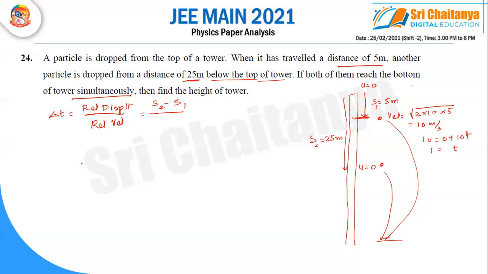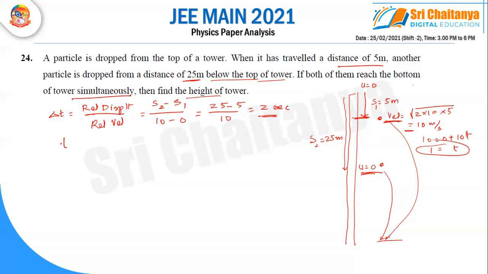Now, relative velocity will be about this and this particular velocity, so relative velocity will be 10 minus 0. I get (25 minus 5) by 10 is equal to 2 seconds. Now, 2 seconds. And you know, the first particle has already taken 1 more second. Find the height of the tower, he says.